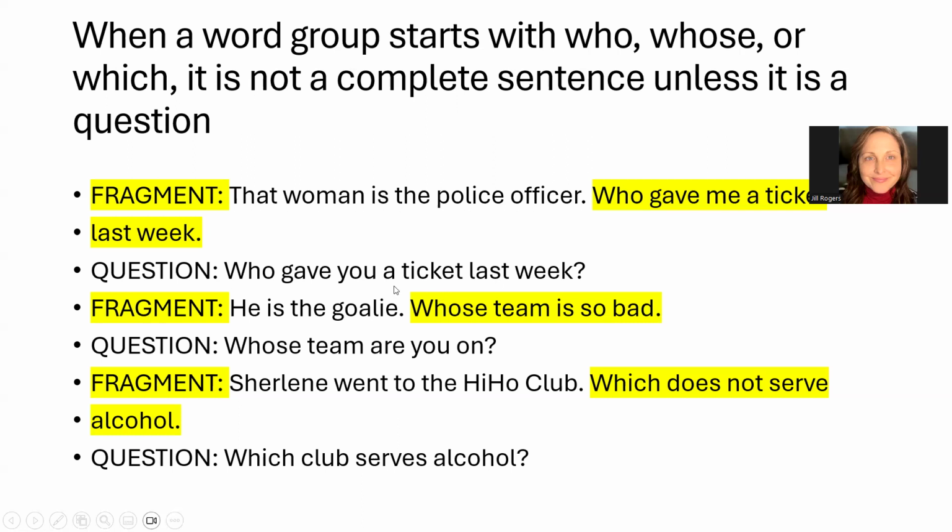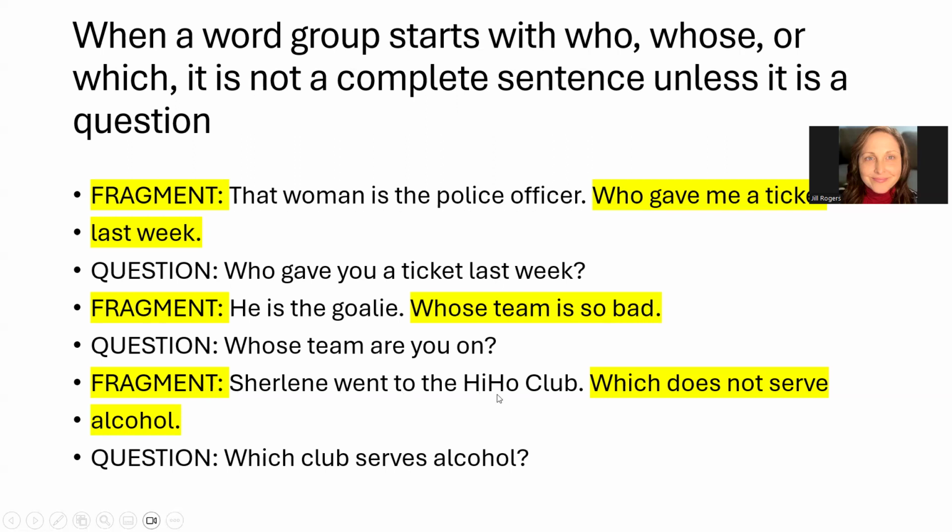But in this case, we're referring to the goalie, so this is an incomplete fragment. The question, whose team are you on or whose team is so bad, would be fine if it had a question mark, but it wouldn't make sense here, going after this sentence. So that's why you can tell that it's a fragment, because we're modifying the goalie.